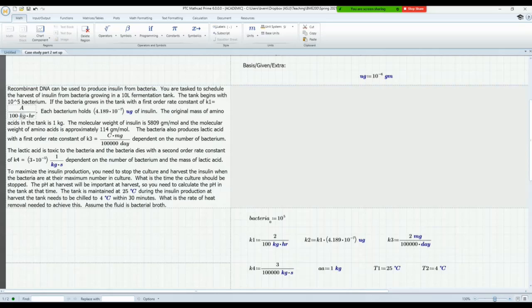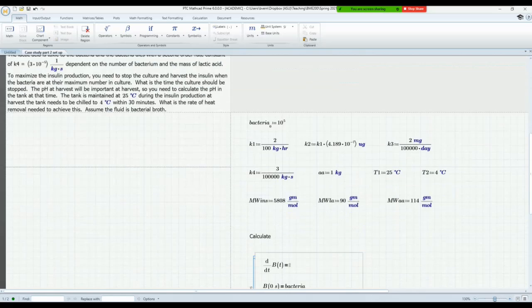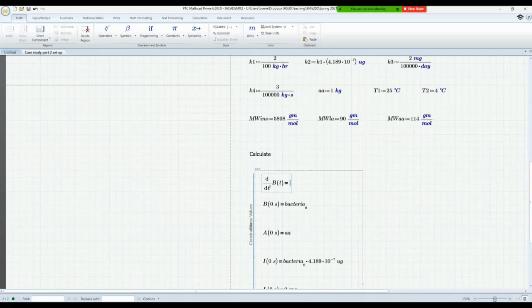So there's a typo in this problem statement. It looks like it's dependent also on the mass of the amino acid and the bacteria. So let's just say for now it says second order. Let's write it the way it is: plus K1 times the amount of bacteria that's in there at any given time, times the amount of amino acid that's there at any time.